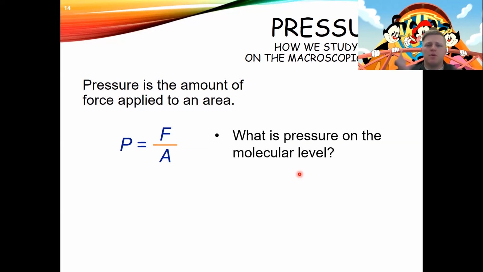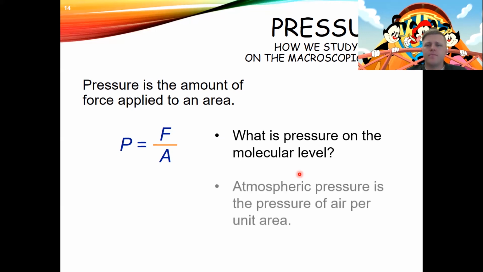So the more gas molecules you have hitting into you, or the more velocity or speed that you're getting hit by these molecules, the greater the pressure. So there's two things that can increase it. One is an increased number of collisions, and two is higher energy collisions. Right, so then atmospheric pressure is just the pressure of air per unit area.